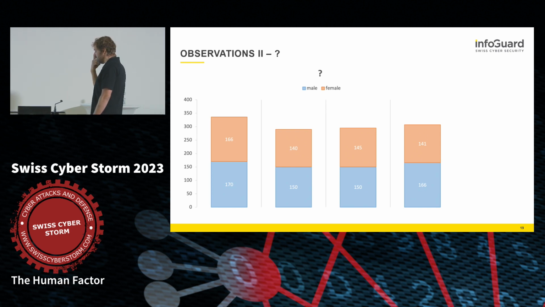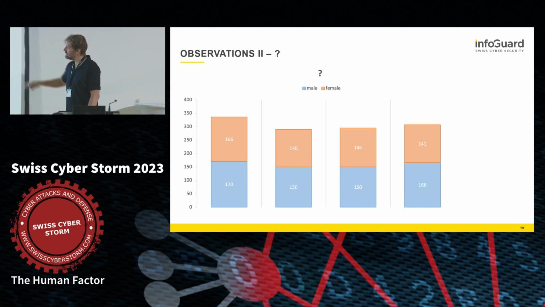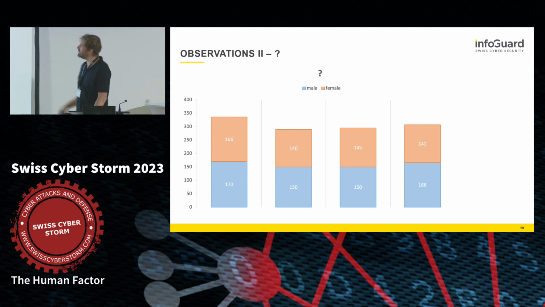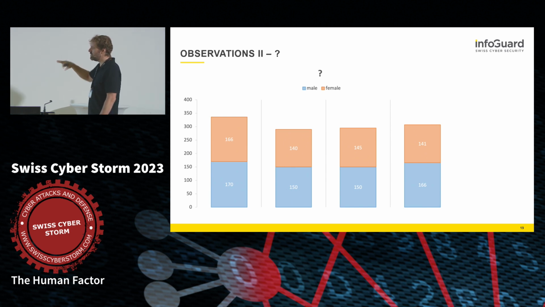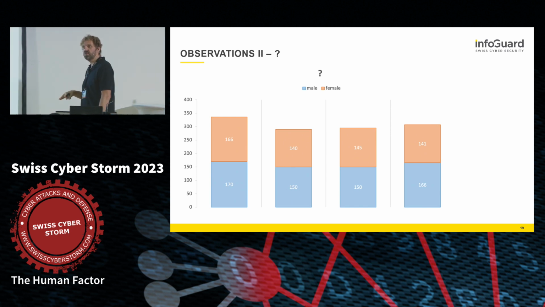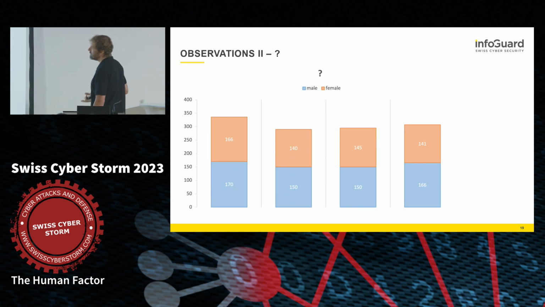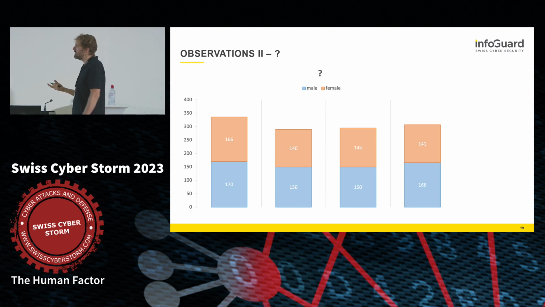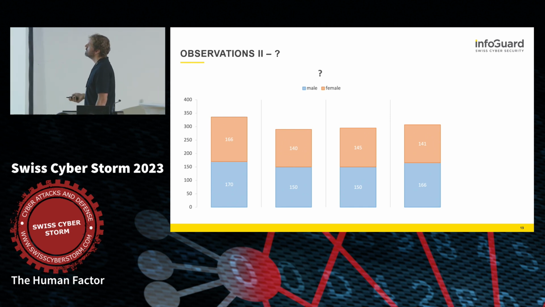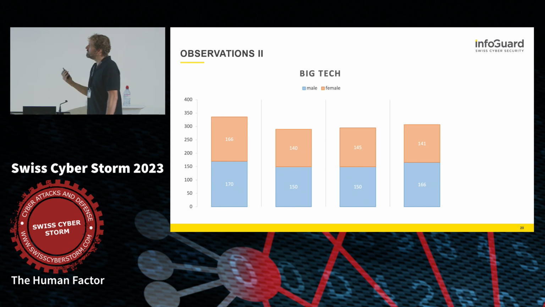And another thought that you can make with this data: if you have someone who has only an Apple ID but not a Google account, there may be some probability that this person has an iPhone or a Mac device, and vice versa, right? Okay, big tech.